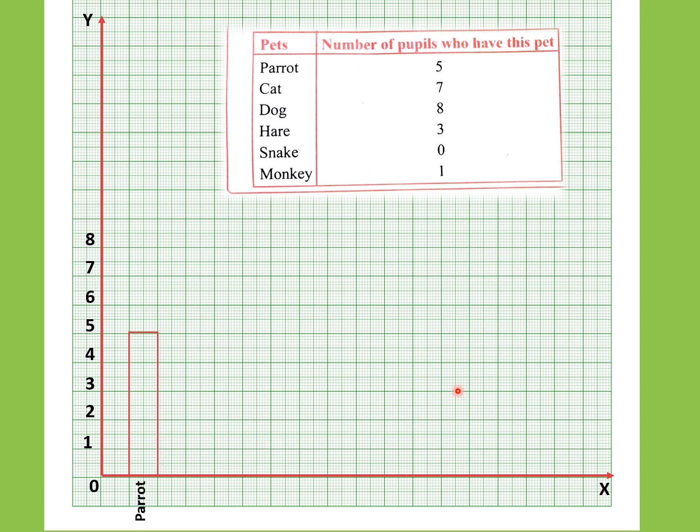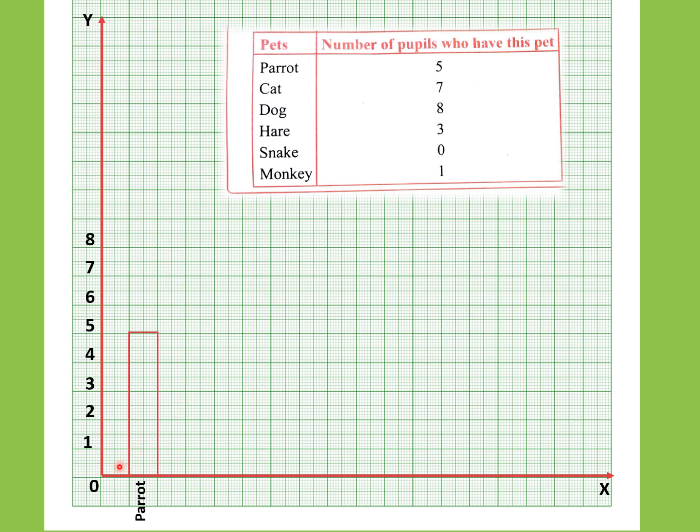Now this will be marked as parrot. You can also write inside if you want. I mean, this parrot you can write inside this rectangle as well. Okay, next you see it is cat, and along the cat we have number 7, meaning 7 students in the class have cat as pets.